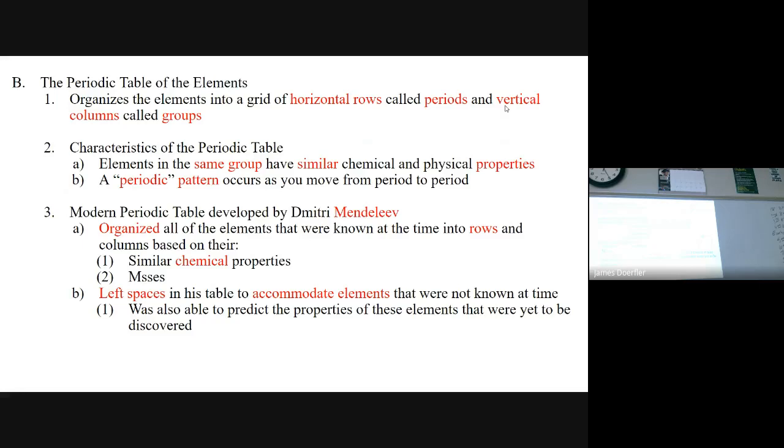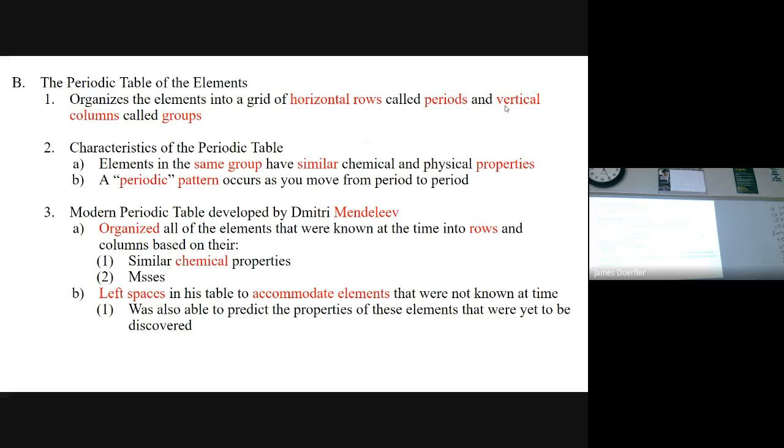And the reason why we tend to call them families as well is because elements in the same group, or vertical column, are going to have similar chemical and physical properties. Much like if you have siblings, there's a very good likelihood, again, not always, but a good likelihood that you will share some physical or other characteristics amongst you and your siblings.